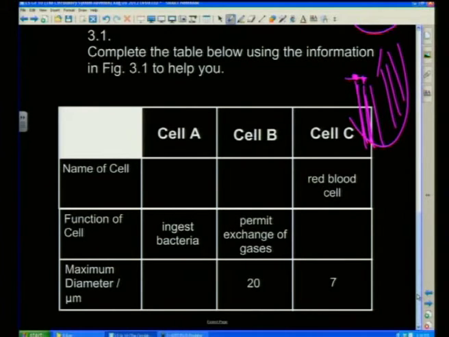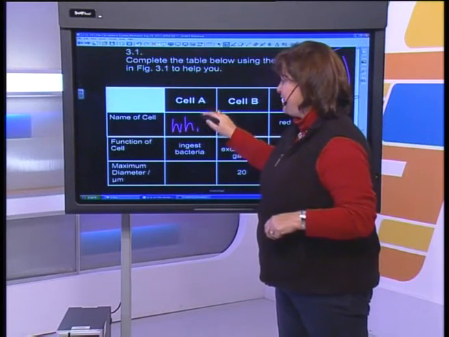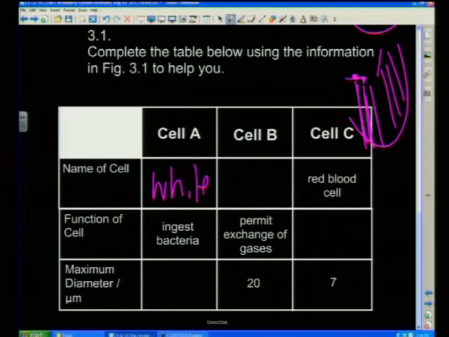It says ingest bacteria. So we know it should be our white blood cell. And here, permits the exchange of gases. So it helps with the lining so that our capillaries are intact, and that is going to be our platelets. So we've got 2 marks so far.